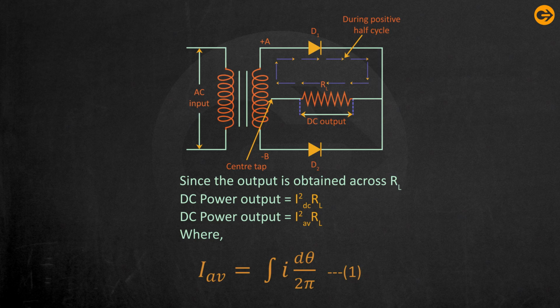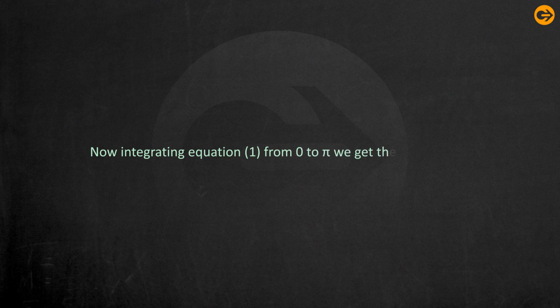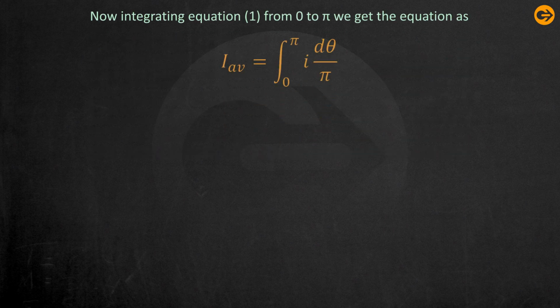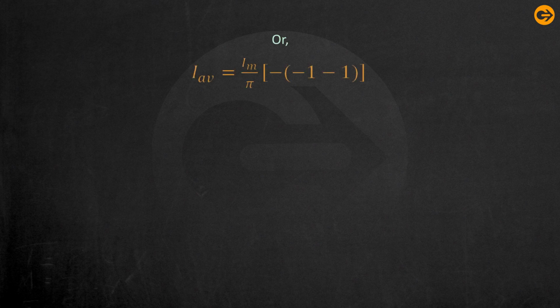Now integrating equation 1 from 0 to pi, we get I average is equal to integration from 0 to pi of I d theta by pi, or I average is equal to 1 by pi integration of Im sin theta d theta, or I average is equal to Im by pi integration of sin theta d theta, or I average is equal to Im by pi times minus of cos theta, or I average is equal to Im by pi times minus of minus 1, which gives I average is equal to 2Im by pi.